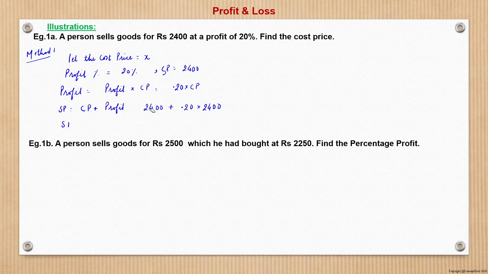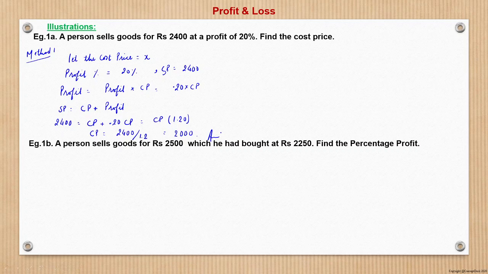So what we will do, I will just erase this, because SP has been given and SP is nothing but 2400. So 2400 is equal to CP plus profit, which here is 0.20 into CP, which is CP into 1.20. So from here we can say CP is equal to 2400 upon 1.2, which is nothing but 2000 rupees. And this is the answer to this question.